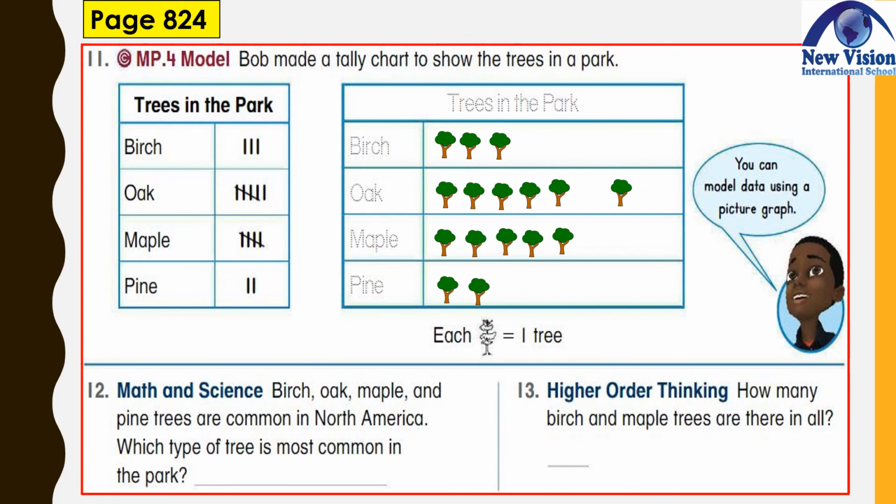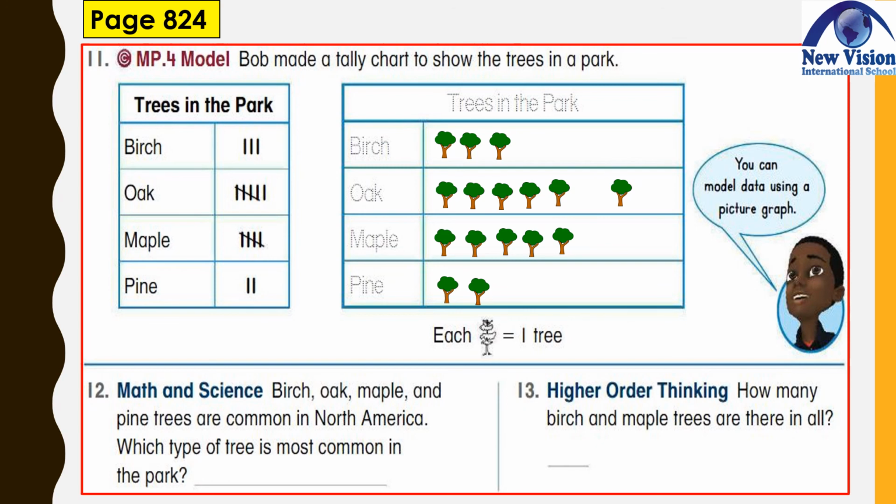Let us now answer questions number 12 and number 13 based on the tally chart and picture graph above. Number 12. Birch, oak, maple, and pine trees are common in North America. Which type of tree is most common in the park?